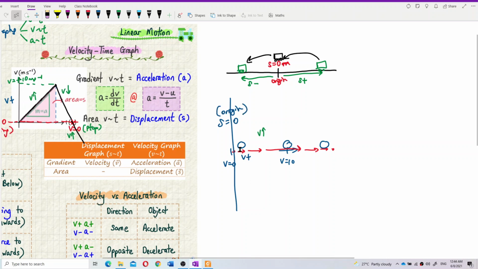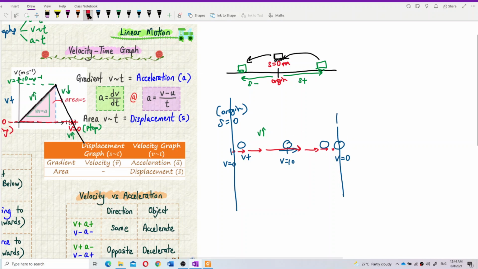It starts from rest, going faster and faster, and here is the fastest, 10 meters per second, and then it slows down and becomes here. Over here, the velocity is now zero. So this is what is meant by stop.